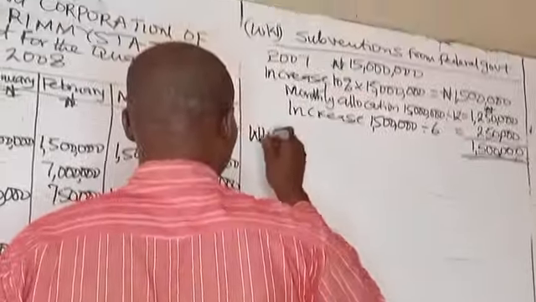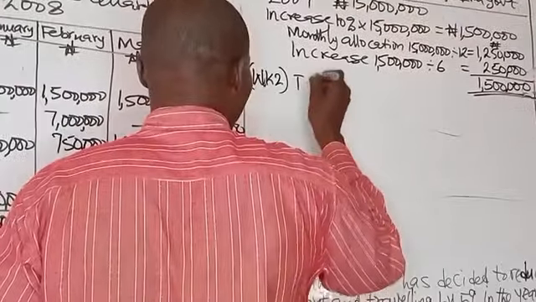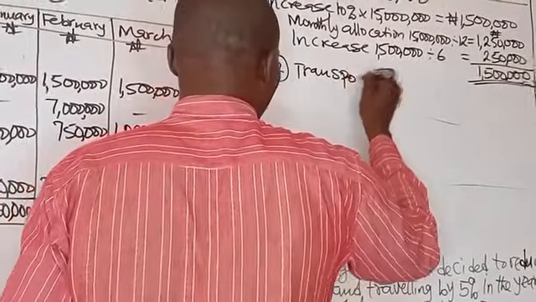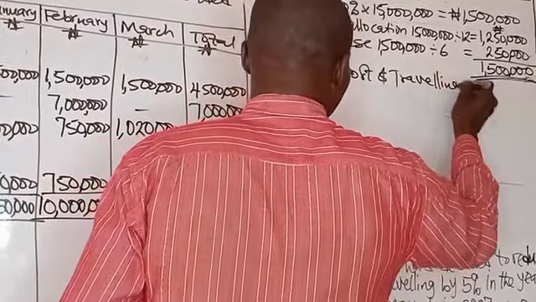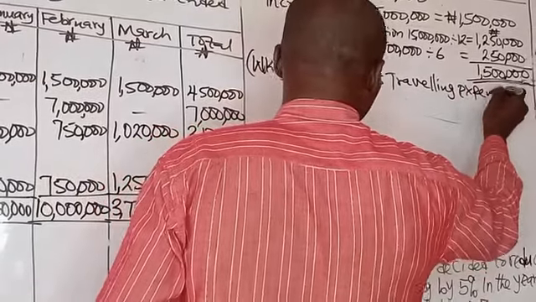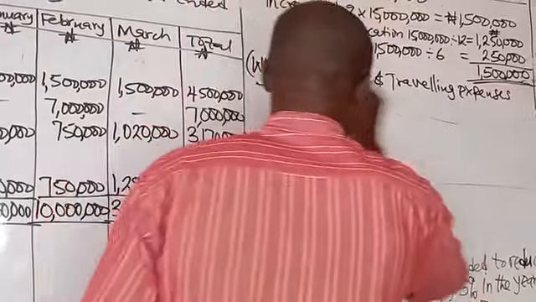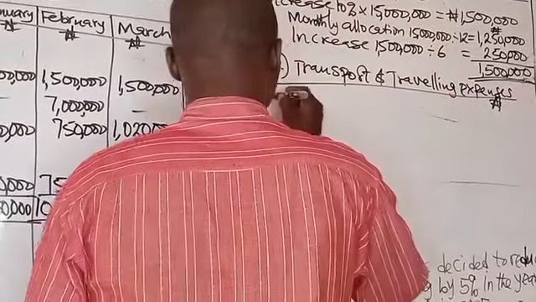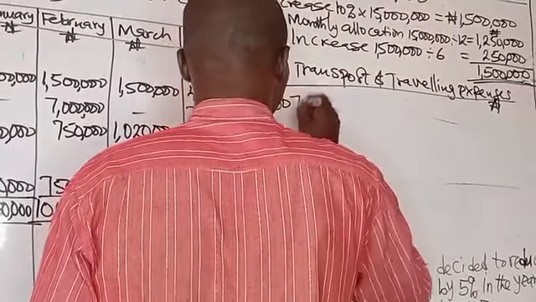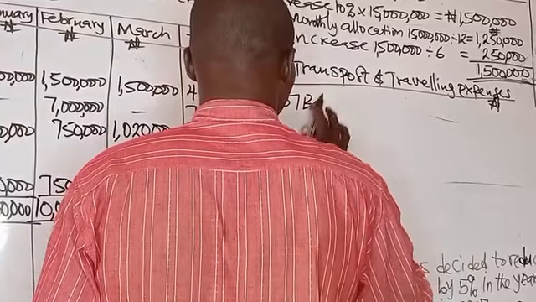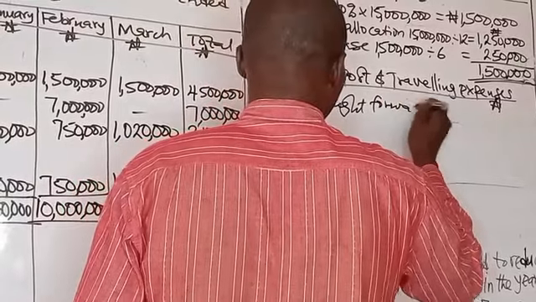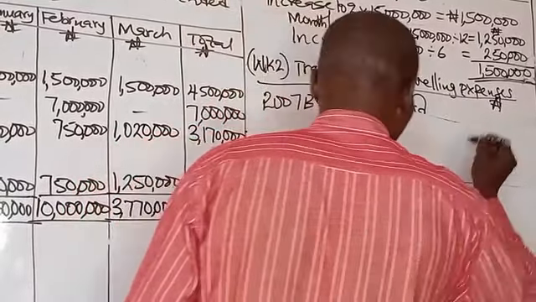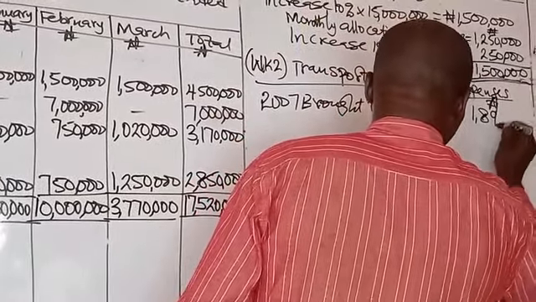Now let's have working 2. Transport and traveling expenses. In 2007 brought forward, the amount is given to be 1,890,000.